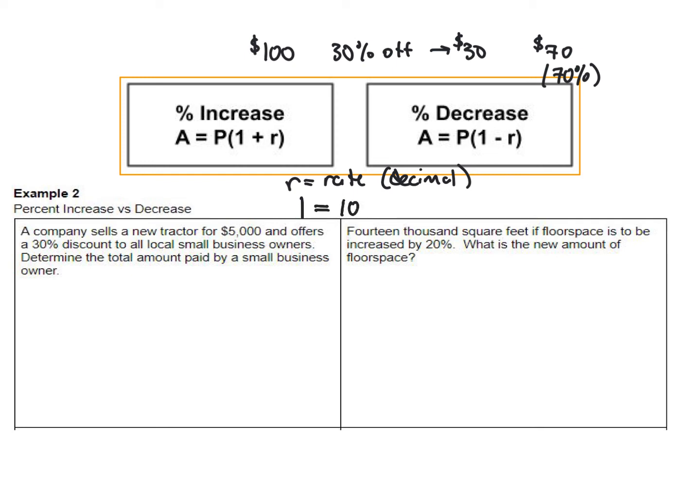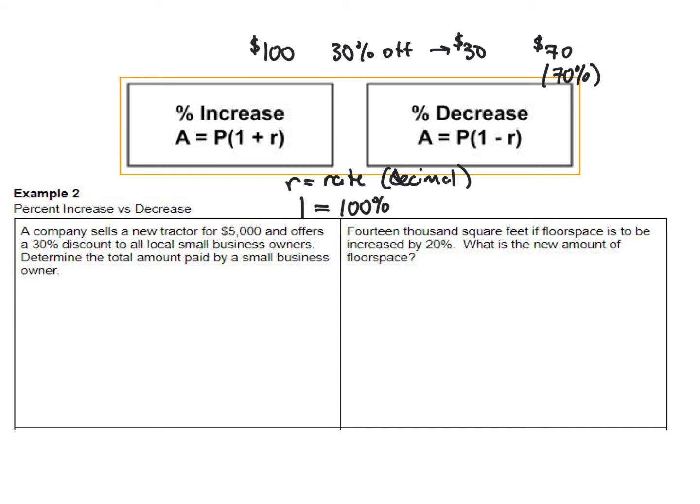So 1 equals 100%. So if I had a discount of 30% off, that would be a percent decrease. I would do 1 minus R, or 100% minus 30%, which would give me 70%, and that's what I'd multiply back on. If it was percent increase, I would add that 30% to the 100%, and that would tell me how much I'm multiplying to make it bigger.